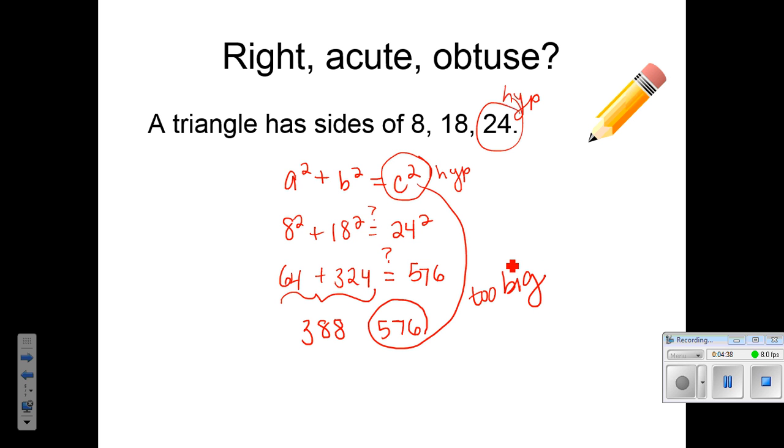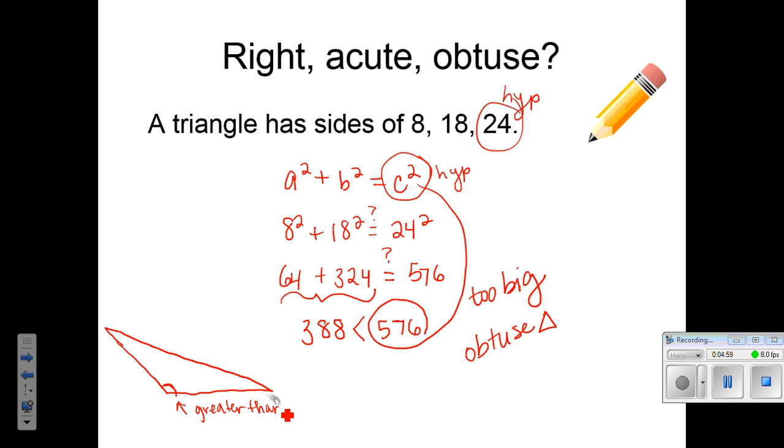And if the hypotenuse is way too big, this in fact is an obtuse triangle. So it wouldn't look like a right triangle, it would look like an obtuse triangle, where this would be greater than 90.